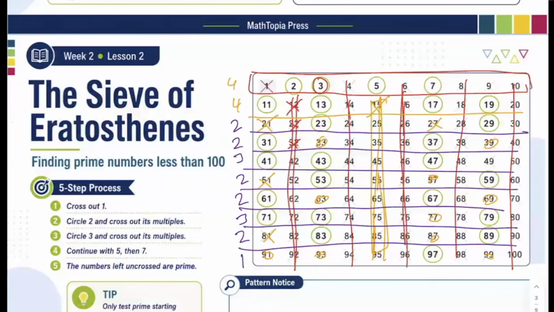There should be 26. Are you sure? Let me count again. I got 25. Yes, it's good to remember: there are 25 primes until 100, 25% of them.